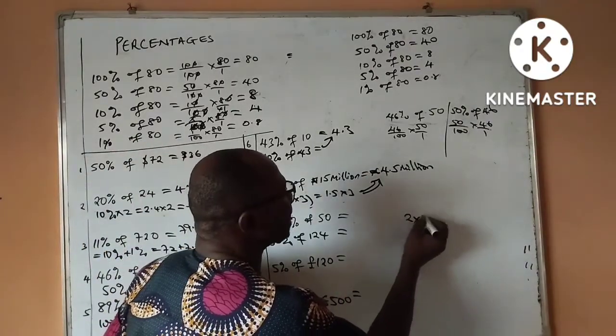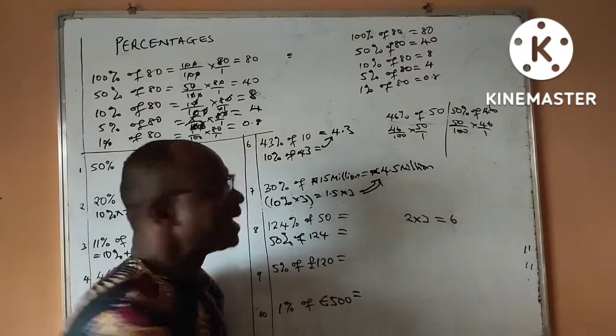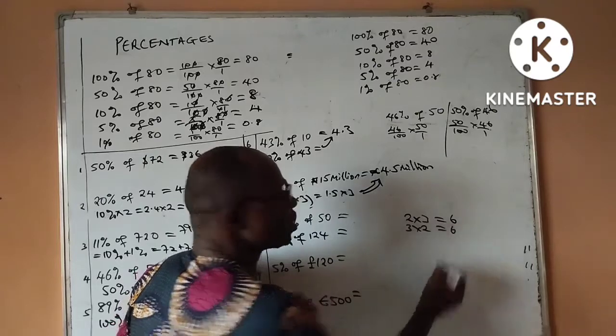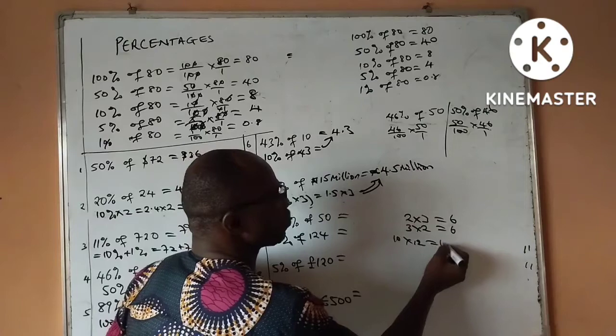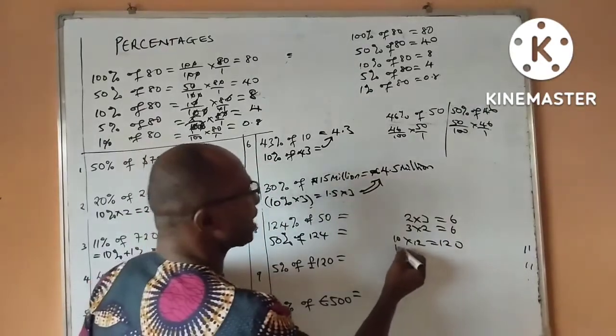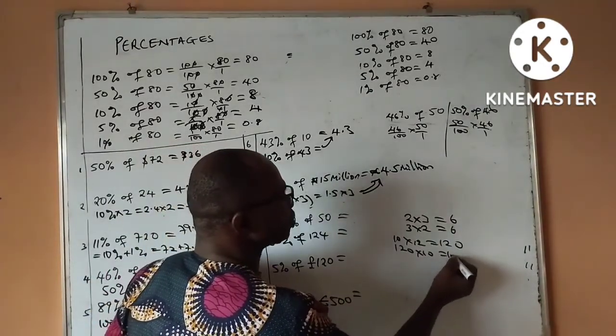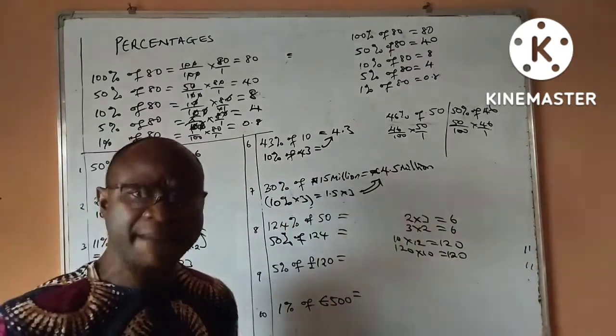See with me that 2 times 3 is equal to 6, and 3 times 2 is equal to 6. That 10 times 12 is equal to 120, and 12 times 10 is equal to 120. So they are all the same.